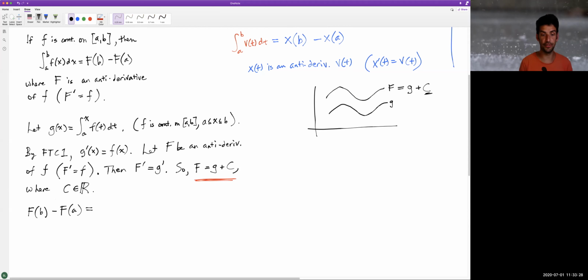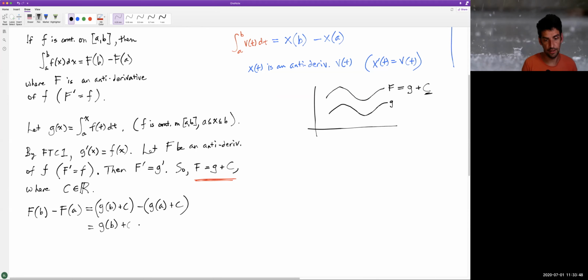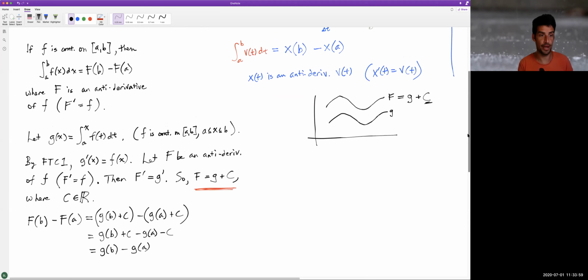So I can substitute in for F of b, G of b plus whatever the constant is, minus G of a plus whatever the constant is, which gives me G of b plus C minus G of a minus C, which gives me G of b minus G of a.